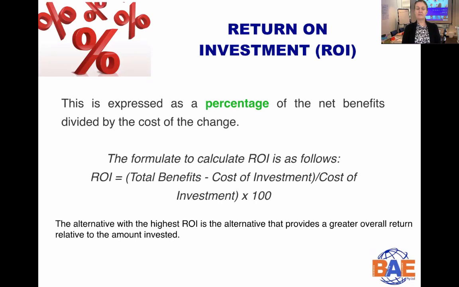So the alternative with the highest ROI is the alternative that provides a greater overall return relative to the amount of money that we invested. So this is an important calculation to be able to do.